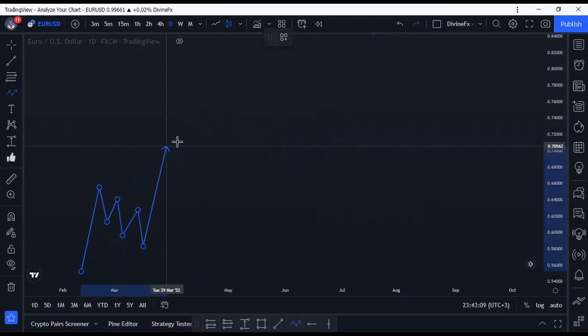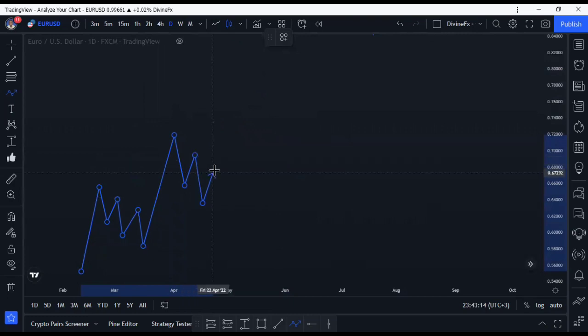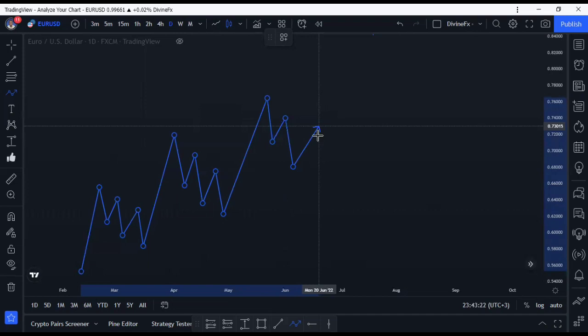Impulse, correction. The market does not always move in a straight line. It moves in phases. We have impulse and correction. Impulse, then impulse.